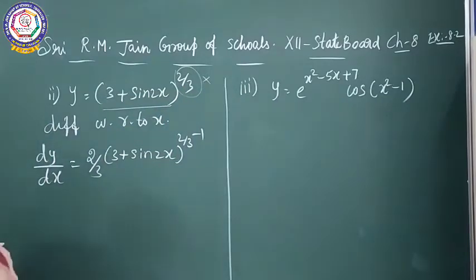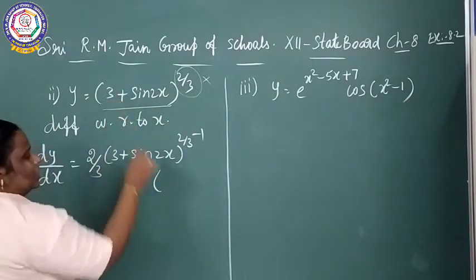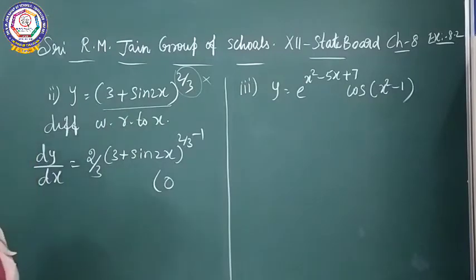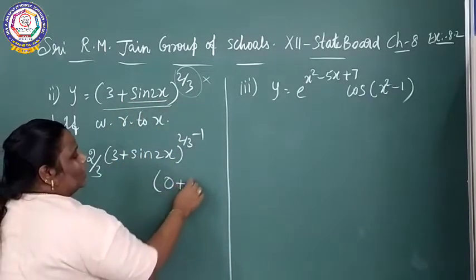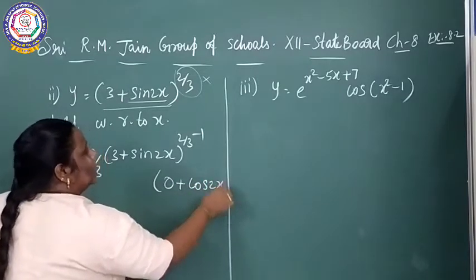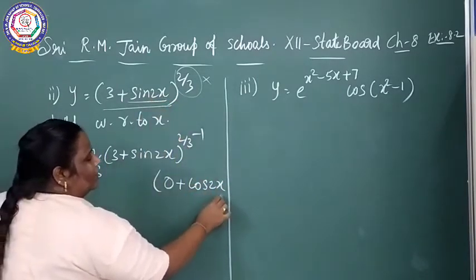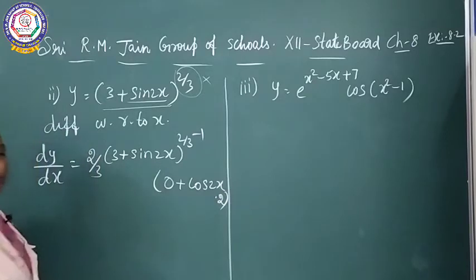What is this? Differentiation of 3 is 0 because it is constant. Sin 2x is what? Cos 2x, into the coefficient of x, which is 2.